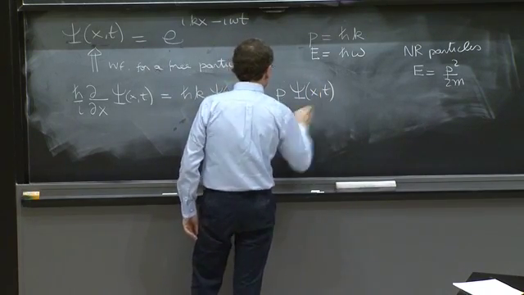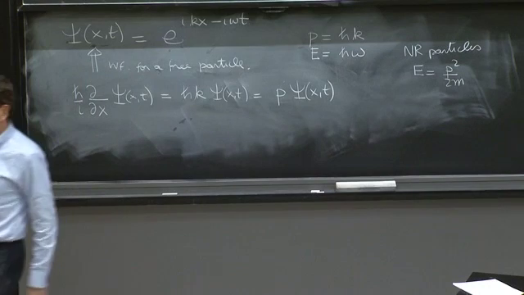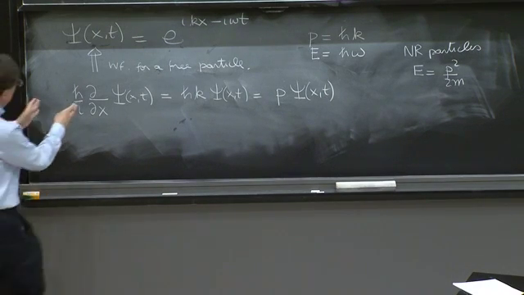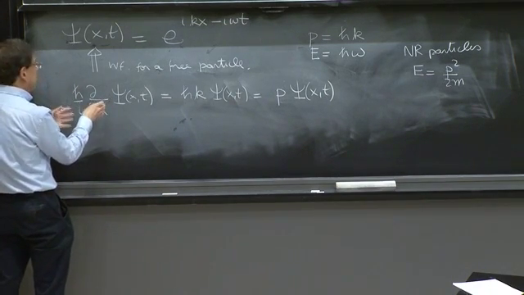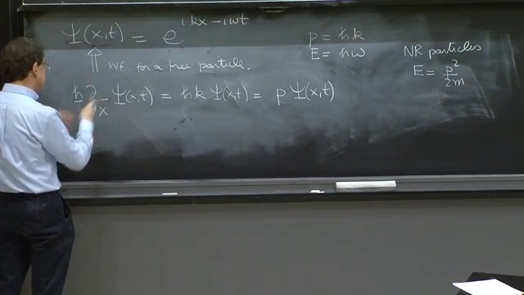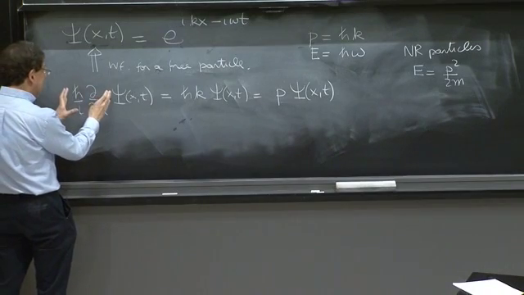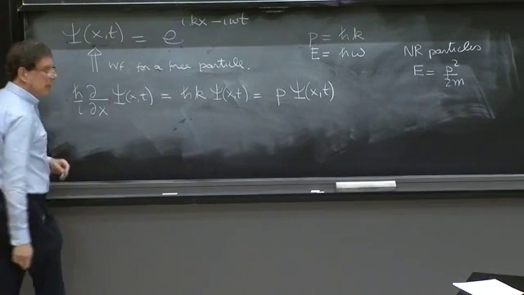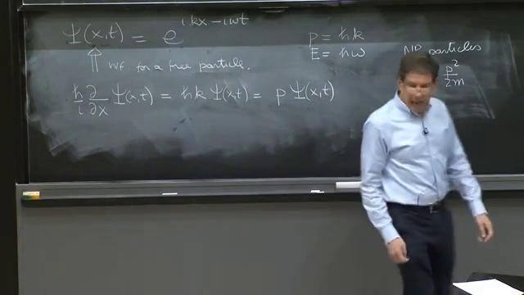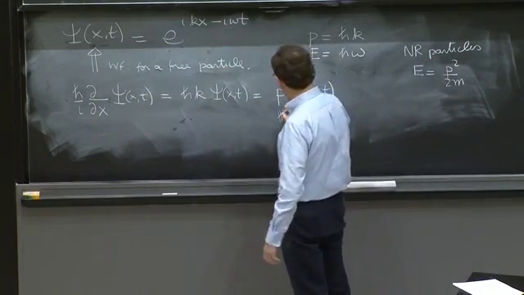So this wave actually satisfies a funny equation. Not quite the differential equation we're looking for yet, but you can act with a differential operator. A derivative is something we call a differential operator. It operates on functions and takes the derivative. And when it acts on this wave function, it gives you the momentum times the wave function. And this momentum here is a number.